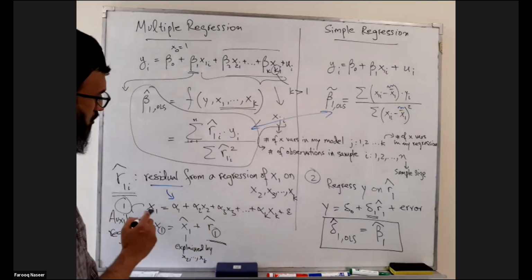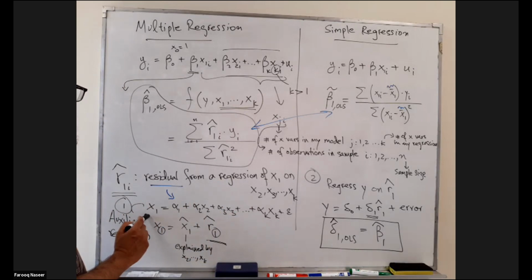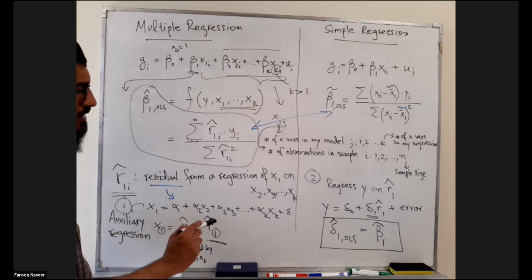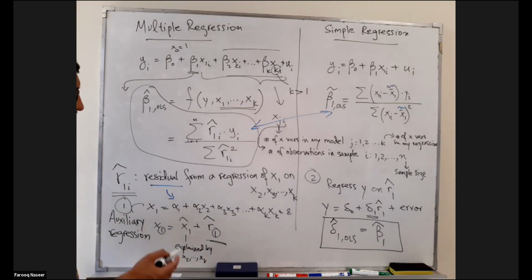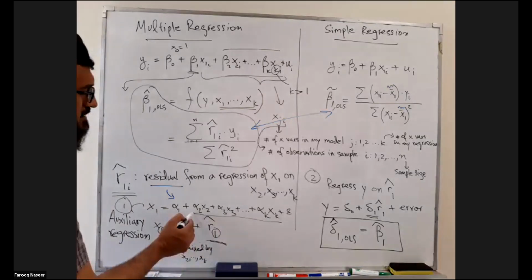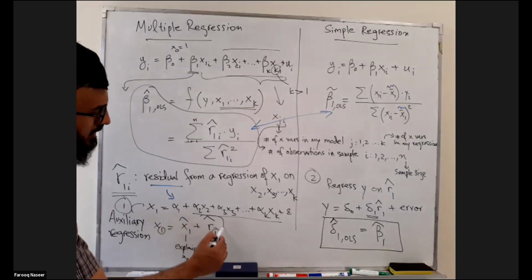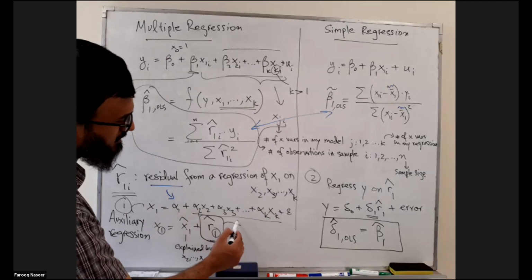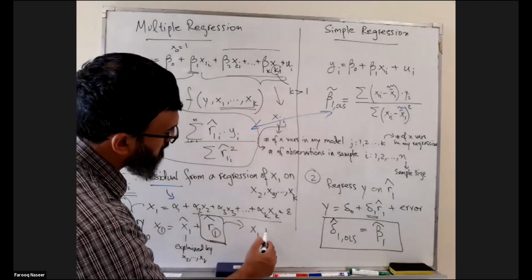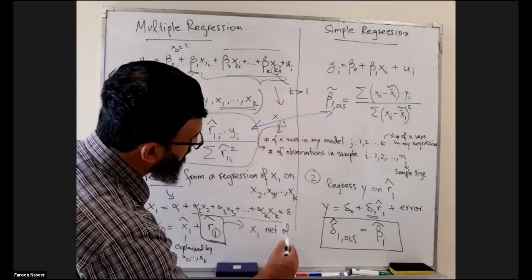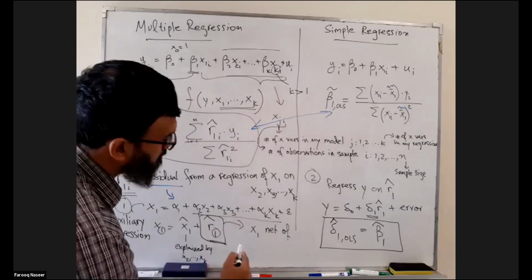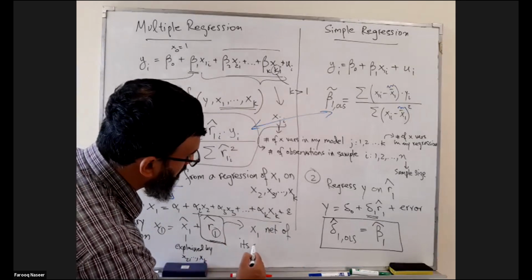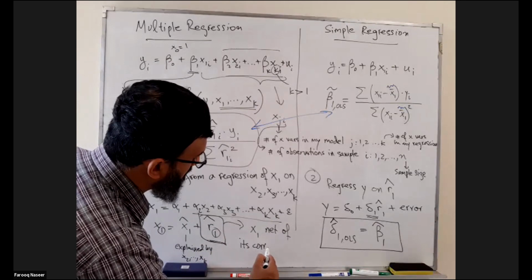Those variables are correlated with the x1 variable, right? So let's net out the effect of these variables on x1 and come up with, so think of this residual as x1 net of its correlation with the other x variables.